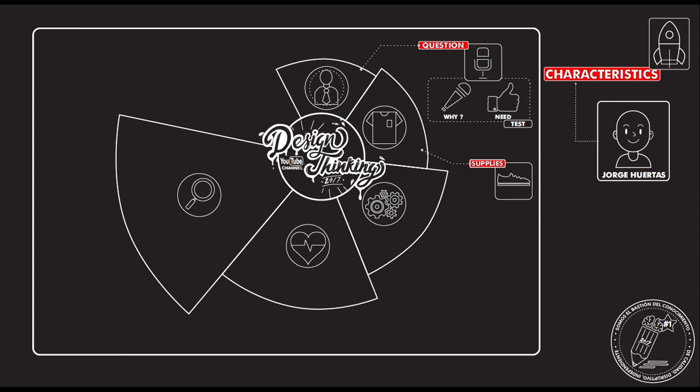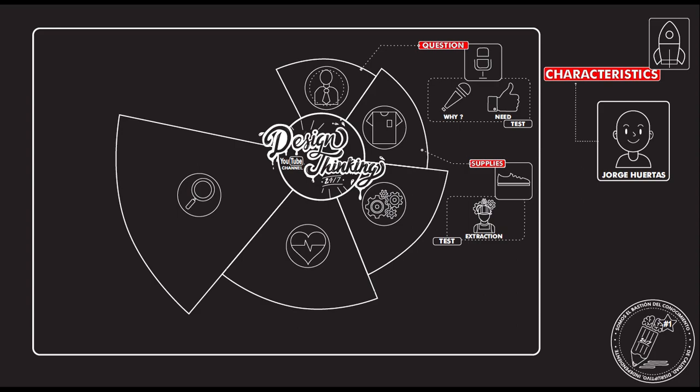The second part is that for every development, especially in products, you need to know the supplies and where they come from, because there are supplies that have a strong impact on the environment, plastics and things related to oil.